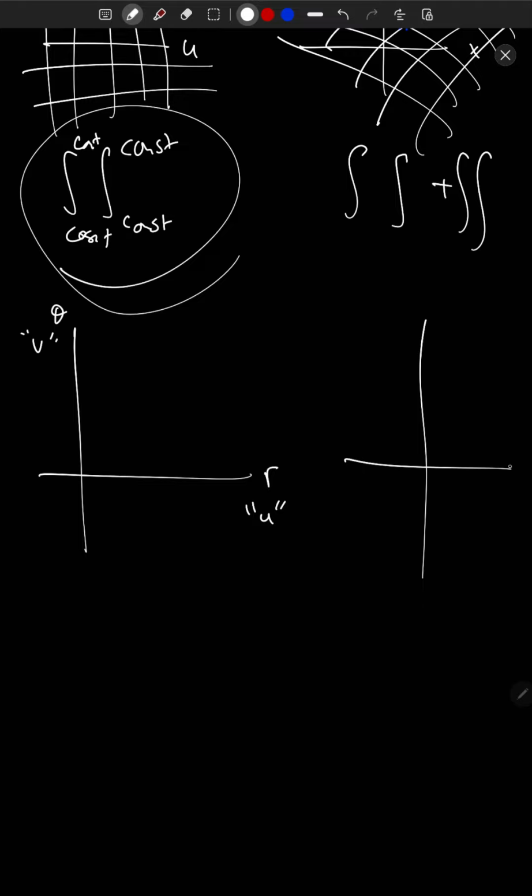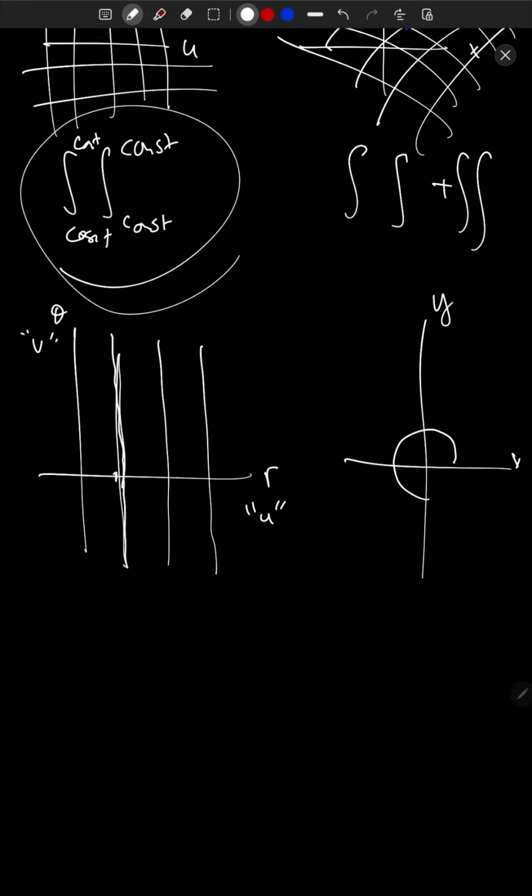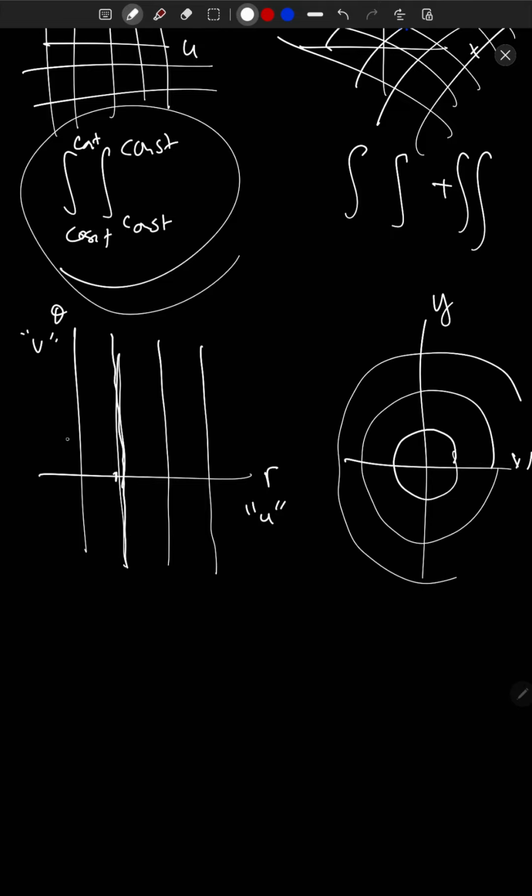And what happens here in terms of x and y is, well, if r is a constant, it looks like that on this side, in the uv or the r-theta plane. These are r constant, theta moving, that goes to, well, r is constant, theta is moving here. And then when theta is constant and r is moving, that goes to these guys here.